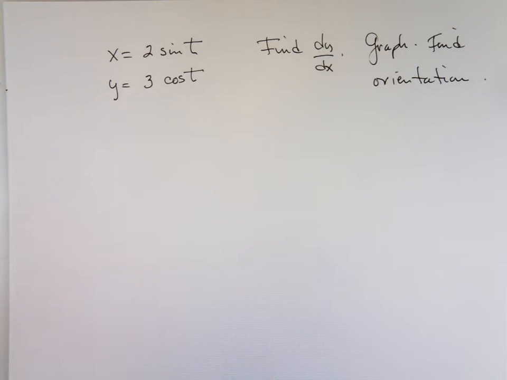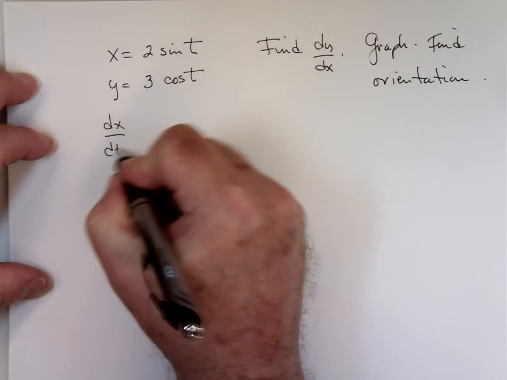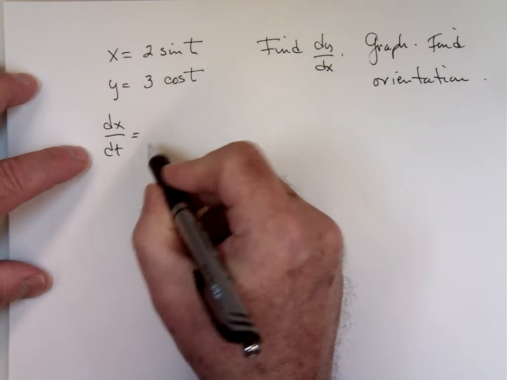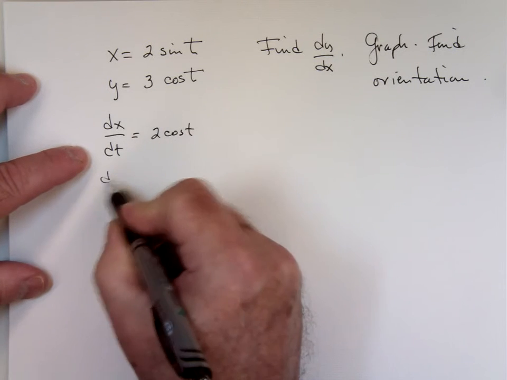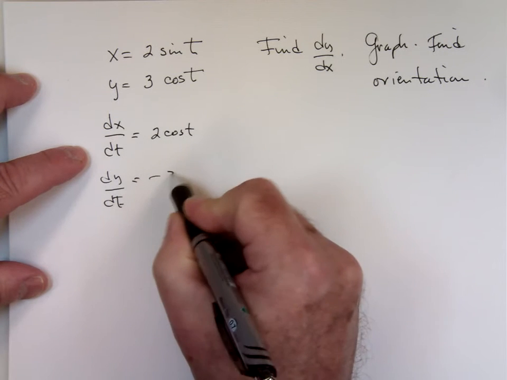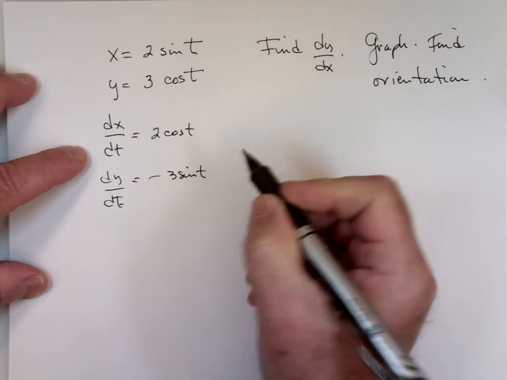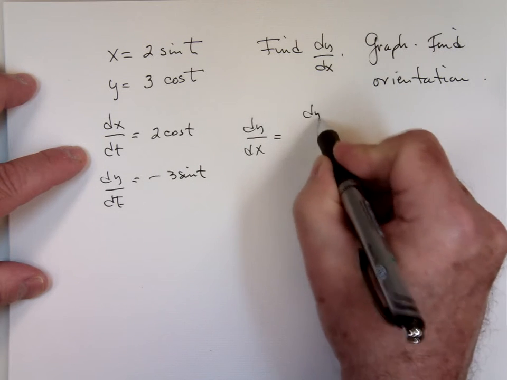Let's do it. First of all, let's find dy/dx. That's not too difficult. We can find dx/dt. Take the derivative. Find dy/dt. And then find dy/dx by using the chain rule.